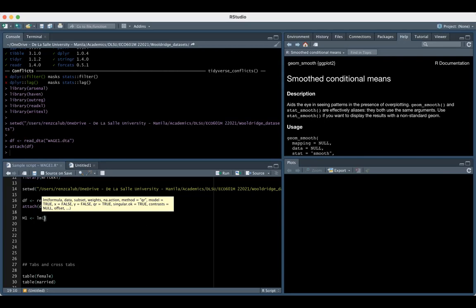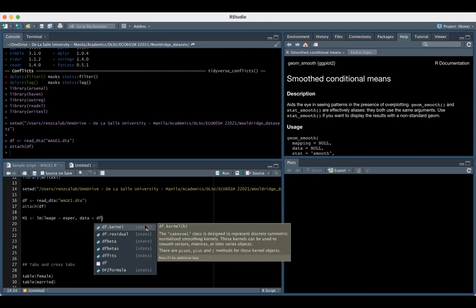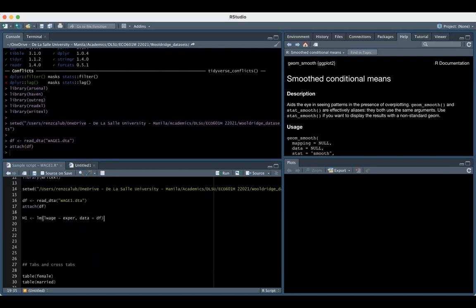The formula is simple: you just have lwage on experience, and the data is the data frame. After generating this object, we can take a look at a detailed presentation of that model's results by typing summary(M1).